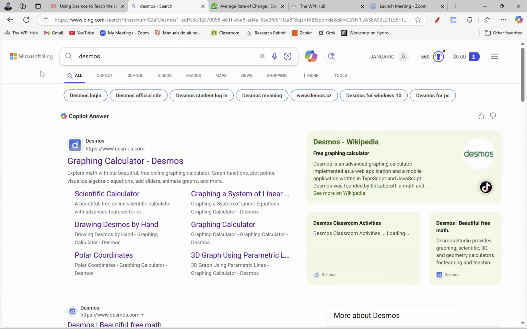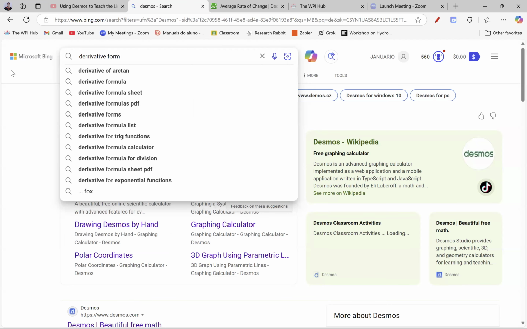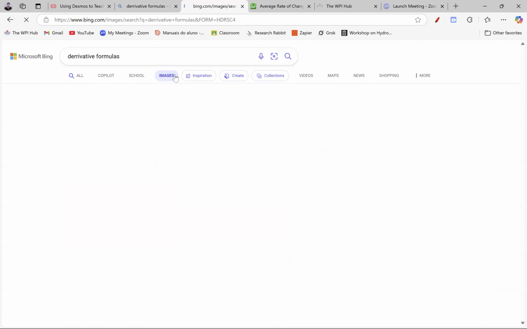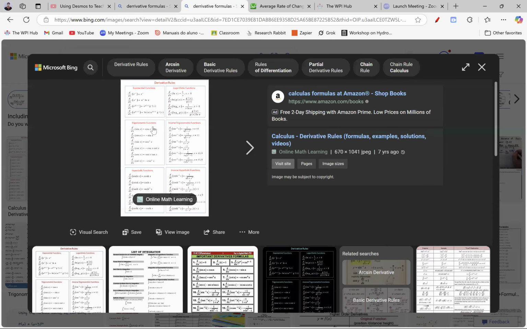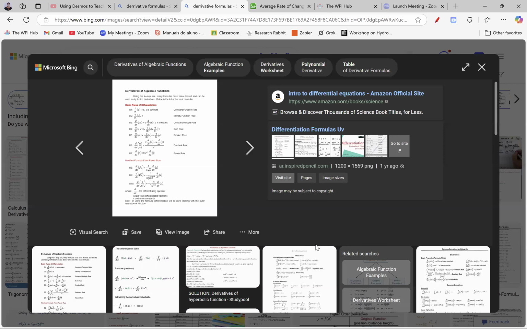Let's see. Derivative properties, derivative formulas. I don't have to write it. Yeah, here you go. You have trigonometric functions, logarithmic functions, the power rule, basic rules of differentiation. Yes, you have a bunch of them over here.